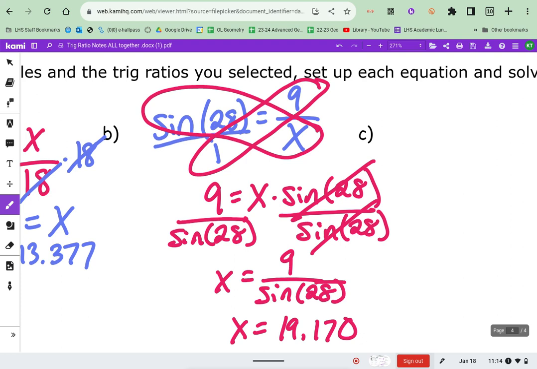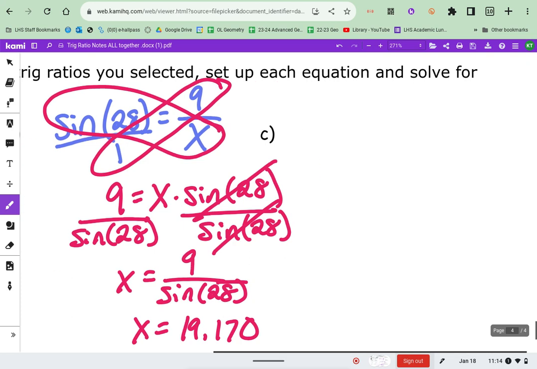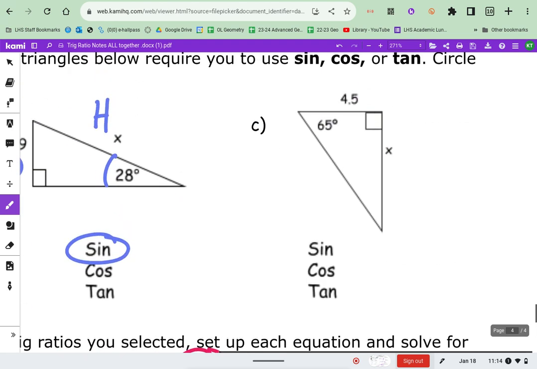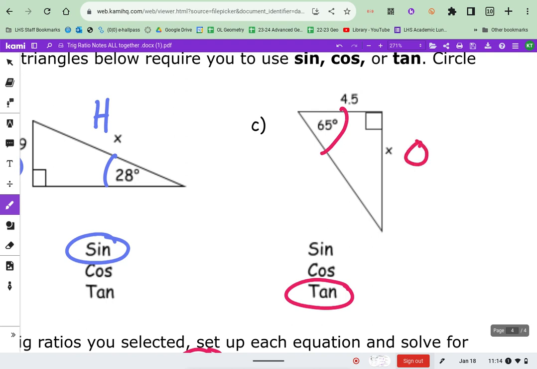Go ahead and share with your group what you got. All right, so did you guys choose tangent for this one? So x was your opposite, 4.5 was your adjacent.